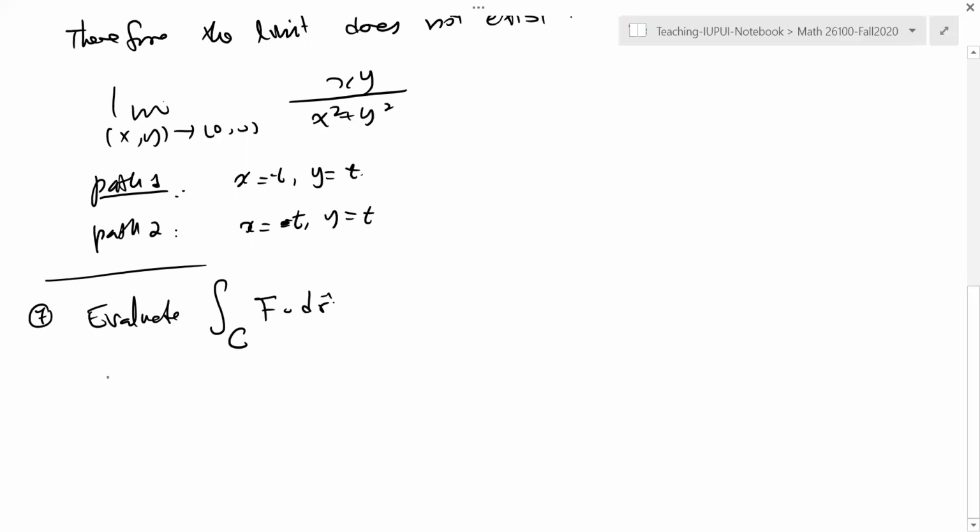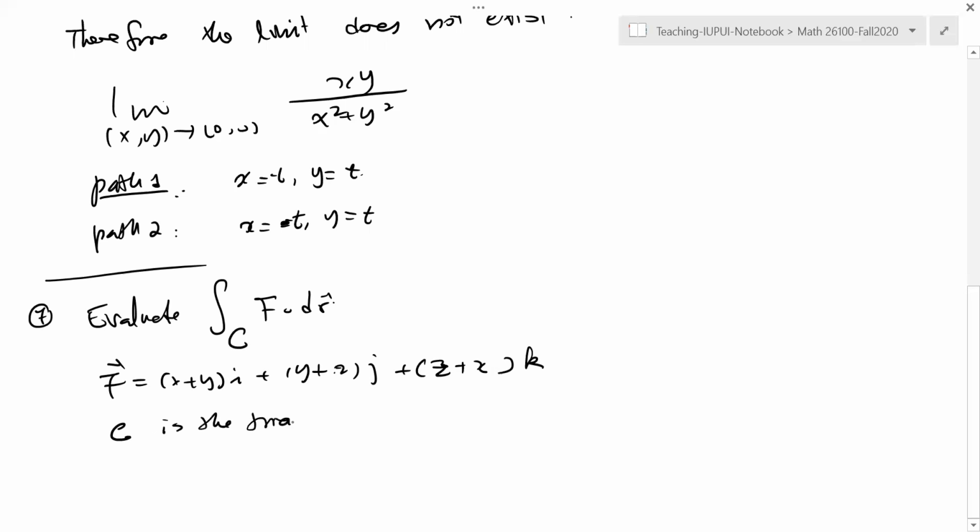F is given by (x plus y)i, (y plus z)j, and (z plus x)k. C is a triangle with vertices (1, 0, 0), (0, 1, 0), and (0, 0, 1).